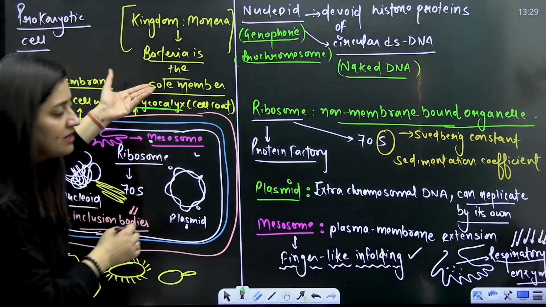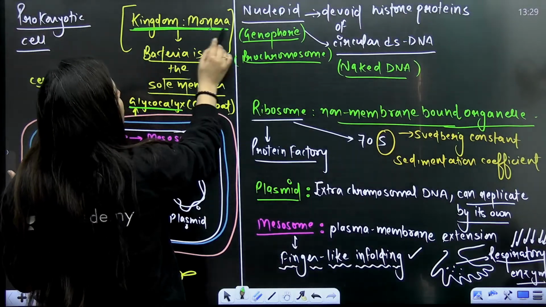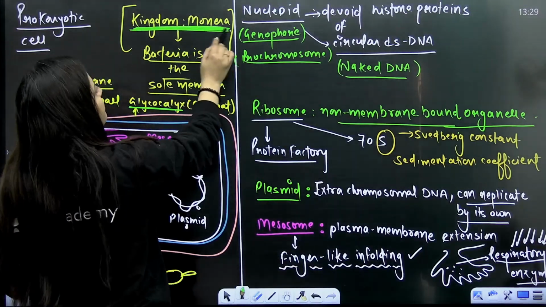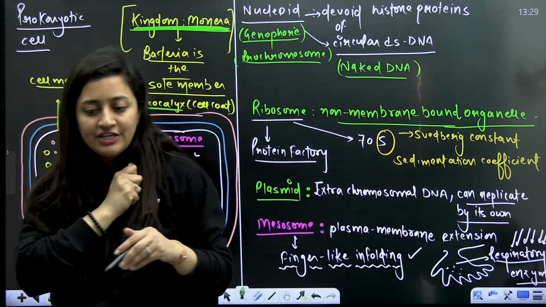So in which kingdom do we have this? This kingdom part we study in class 9th. In class 11th also we have to study this part, but we will make it very easy. So it is the kingdom Monera. In which kingdom do we have the bacterial cell, people?